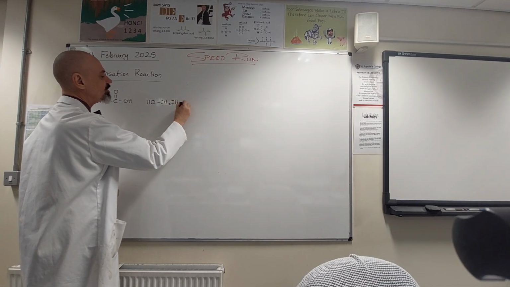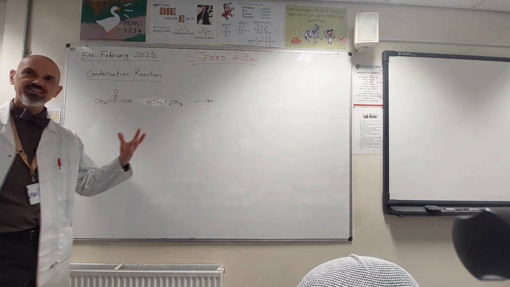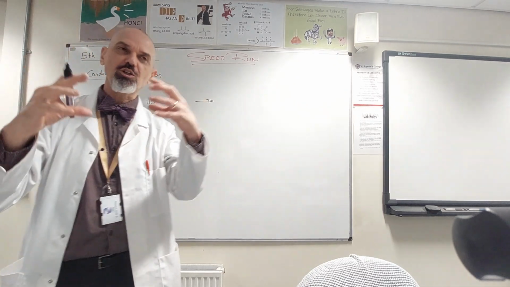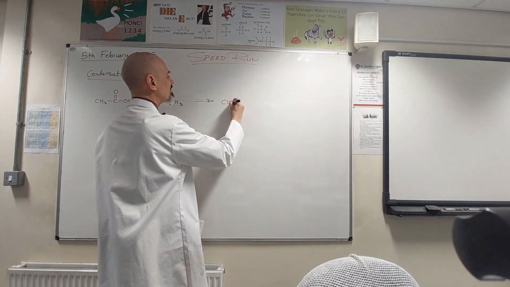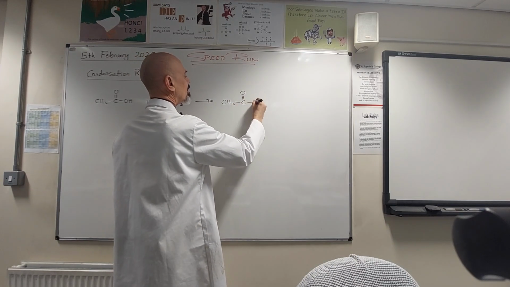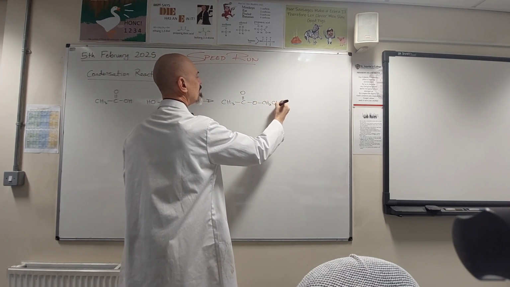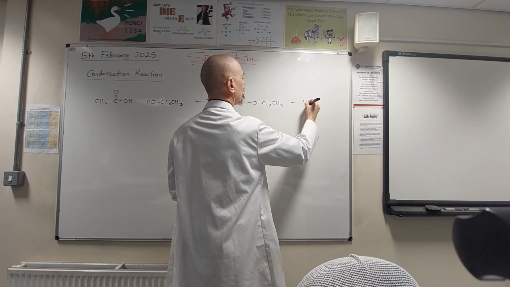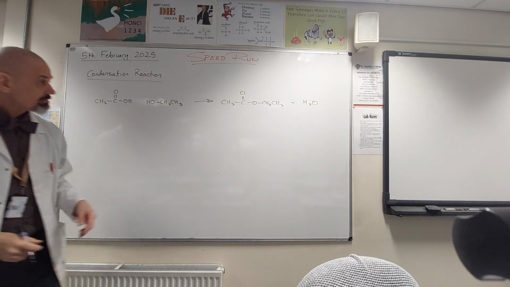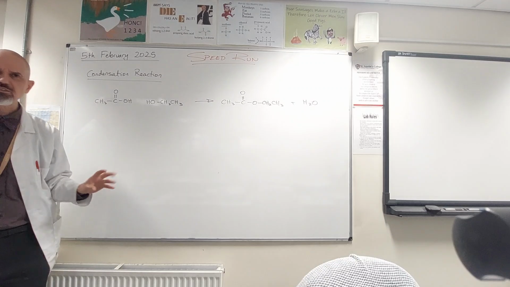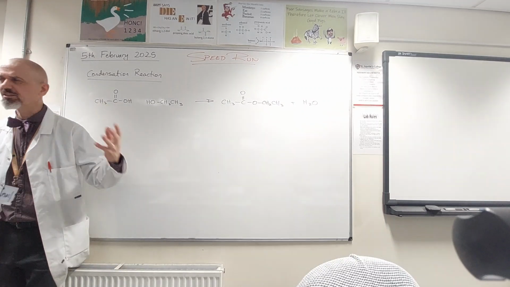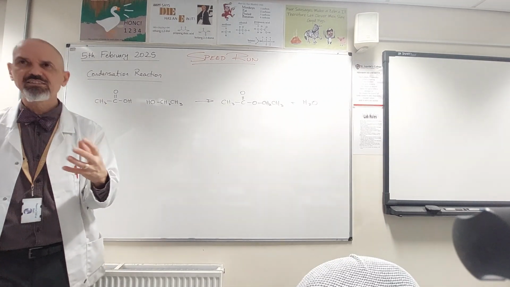But we take two largish molecules and we condense them slightly, we squash them together, remove a small molecule, in this case water, and we make our new molecule, which is slightly smaller than those two molecules put together. You understand that. So it's become slightly condensed.